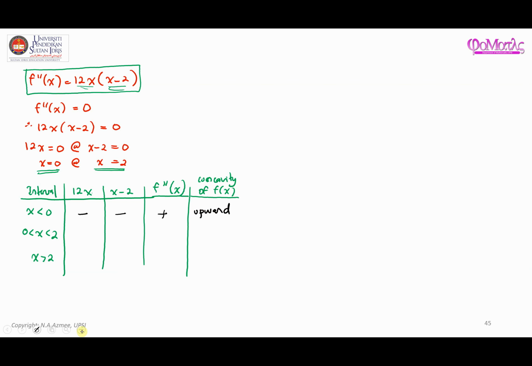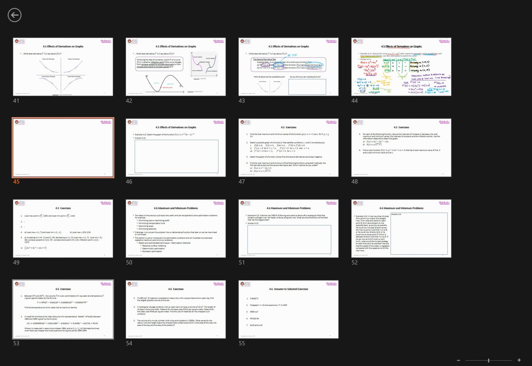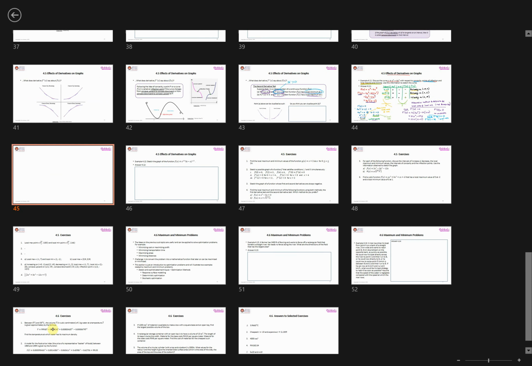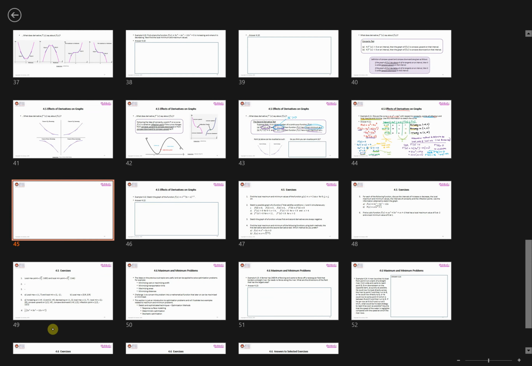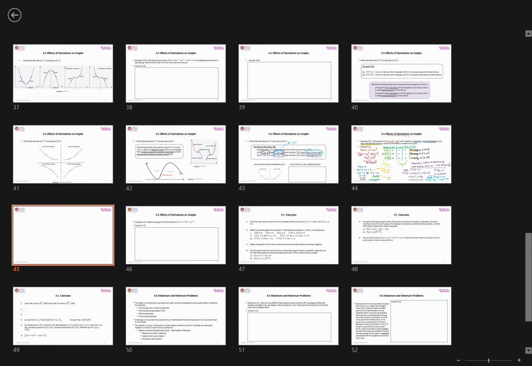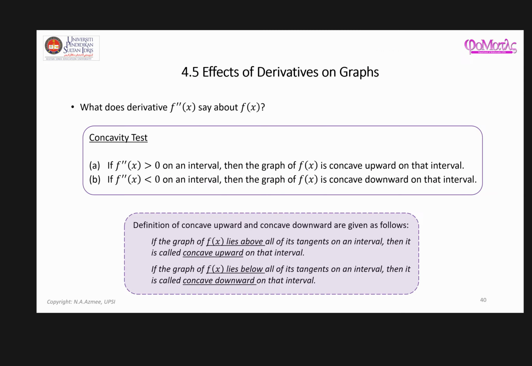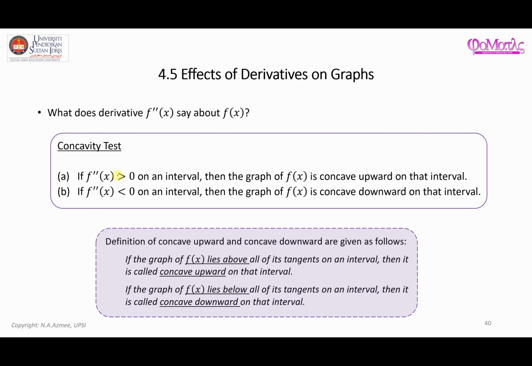Okay, so let's revisit what you have seen in the previous video. Concavity test: if the second derivative of x is greater than 0, therefore f(x) is concave upward, and if it is less than 0, it is concave downward.